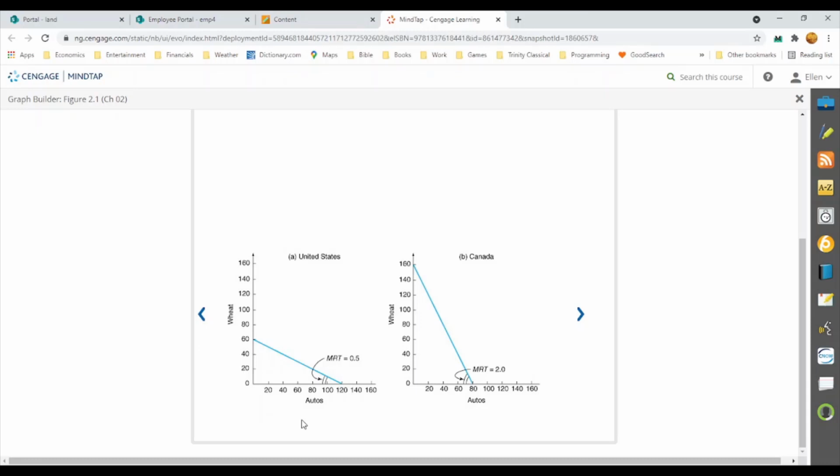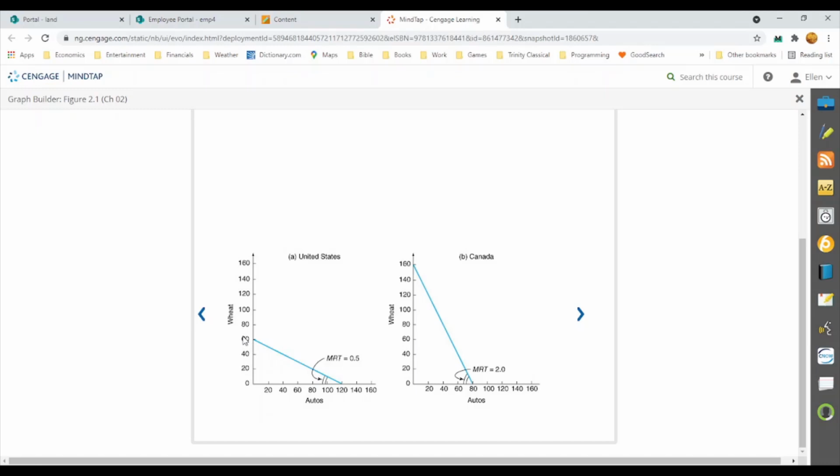And so we would say, okay, what is the opportunity cost of one automobile? Let's remind ourselves what that question means. The opportunity cost of producing one automobile is the amount of wheat I have to give up. That's what opportunity cost was.